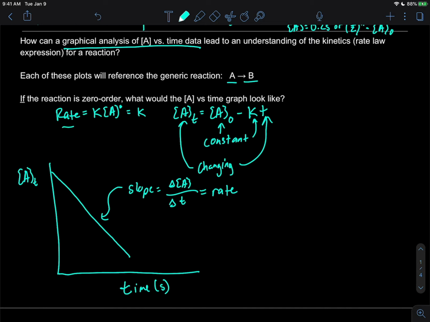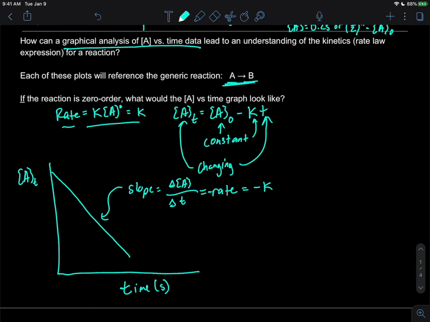If we go back up to our rate law expression, we would see it as negative K. The reason I say it's the negative of the rate is that we're decreasing the concentration of our reactant, which corresponds to a negative value, as we've done previously with rate law expressions and coefficients. So if we graph the concentration of A versus time, it's going to be linear.